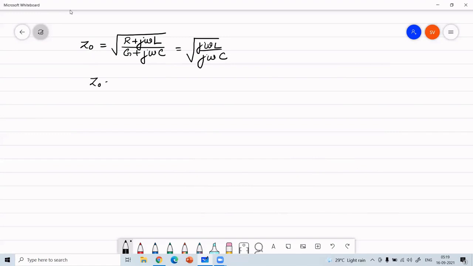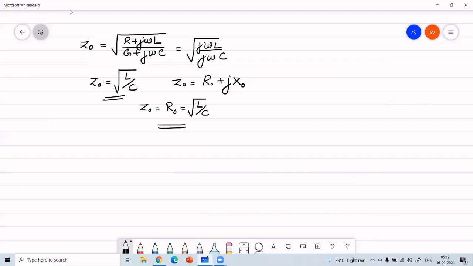So Z0 is equal to root of L by C. And Z0 can also be written as R0 plus j into X0. So here there is no complex term. So Z0 can be written as R0, which is equal to root of L by C. This is the expression for the characteristic impedance.